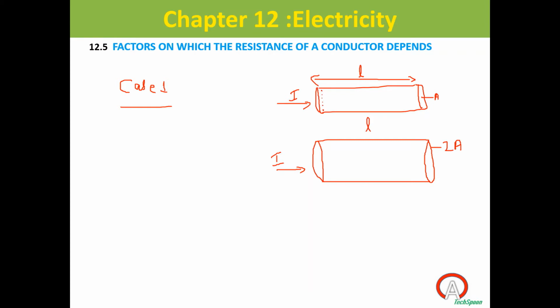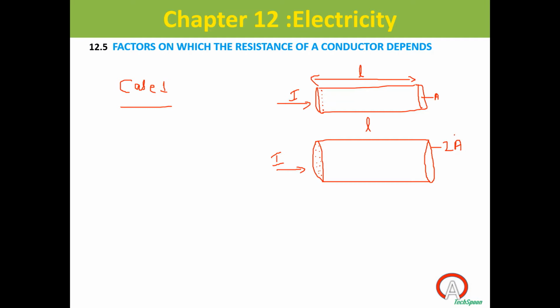Here this cross section is A only. Here the cross section is 2A, just double. So the amount of charges that can flow in the second case, when the area is 2A, through this cross section is more, right?